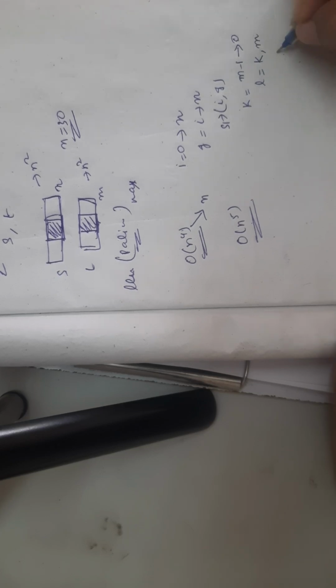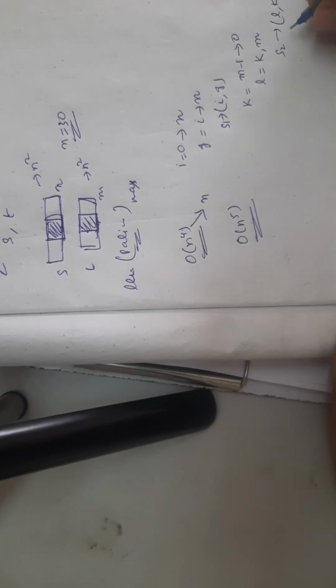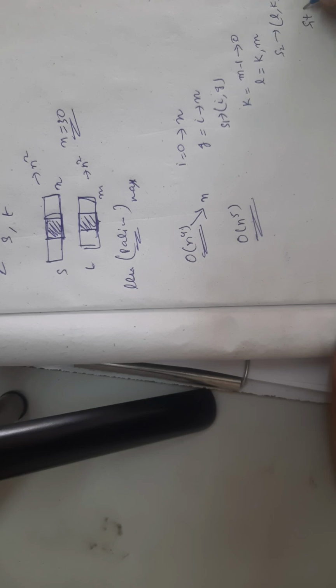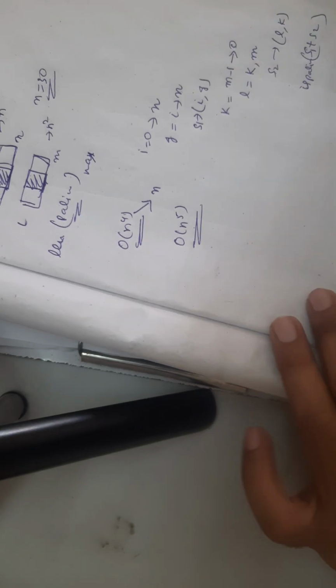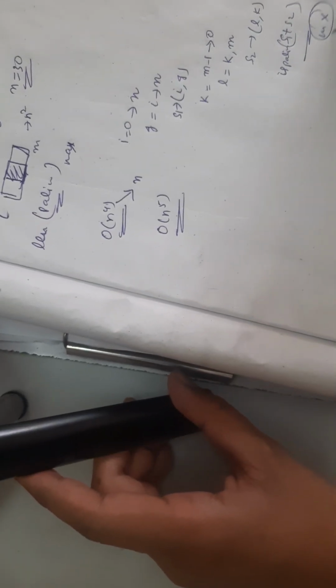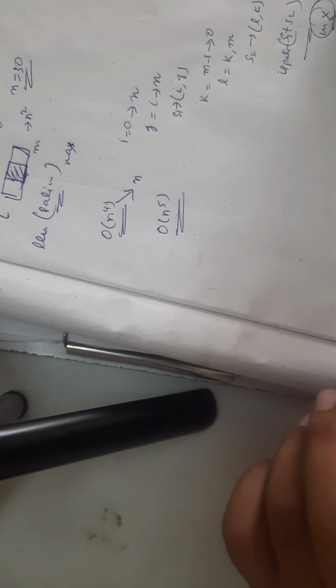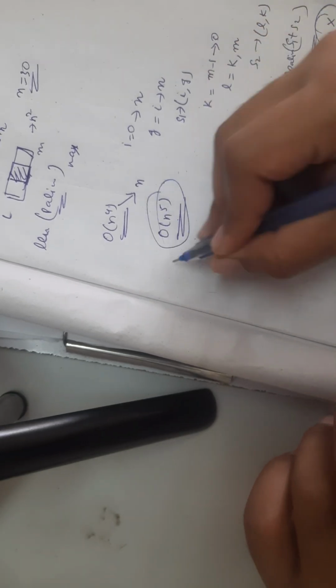This will give me the substring s2. And overall I can append both of them and check whether it is a palindrome or not, and if it is a palindrome I can generate the maximum length of the string. That's how in O(n to the power 5) I can generate the answer.